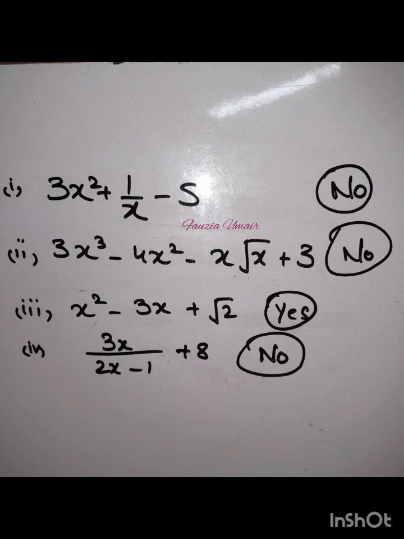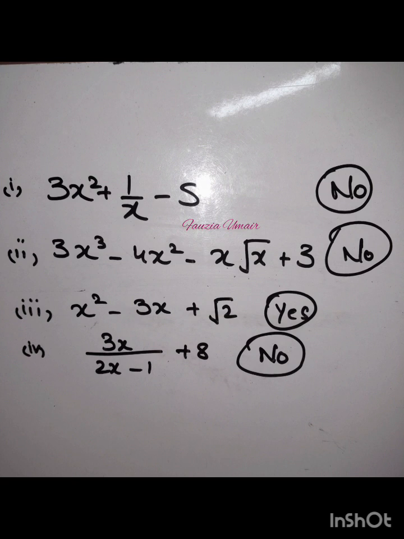The second part is not a polynomial because there is a root and the variable is inside the root. But the third part is a polynomial because there is a constant in the root, so that will not be applied to the definition of polynomials. All right, you can take more examples so we can further solve it.